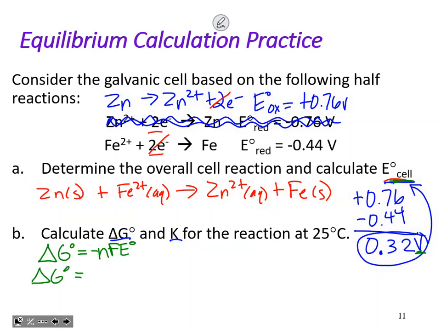How many moles of electrons are being transferred for this reaction? What's our n value? Anyone? Moles of electrons? Up here are the moles of electrons being transferred in our reaction between the zinc and the iron.